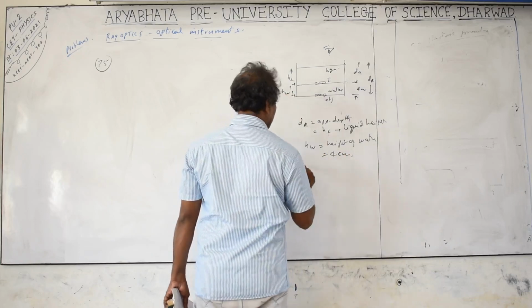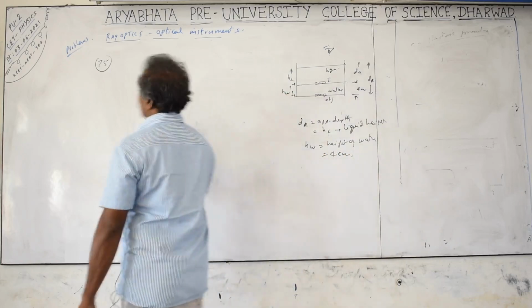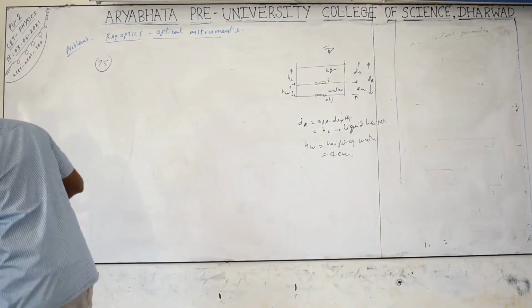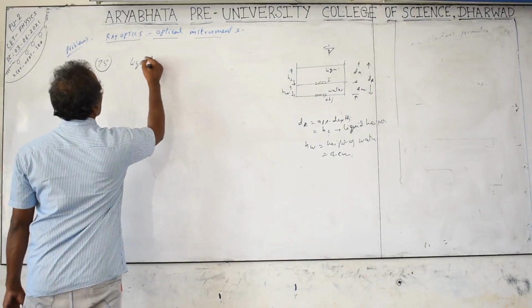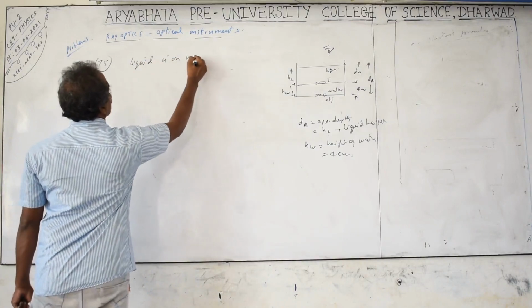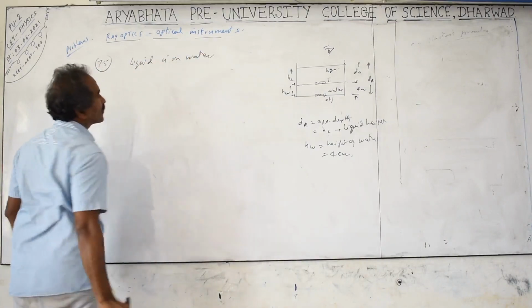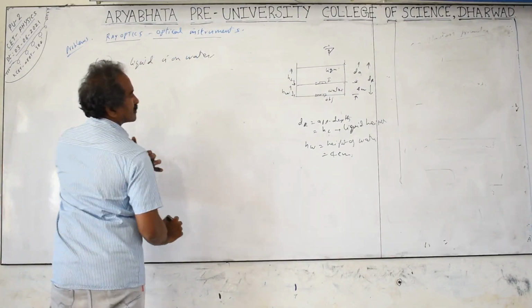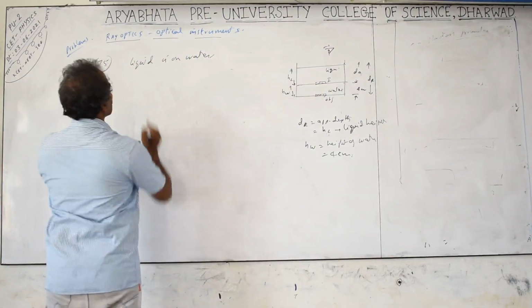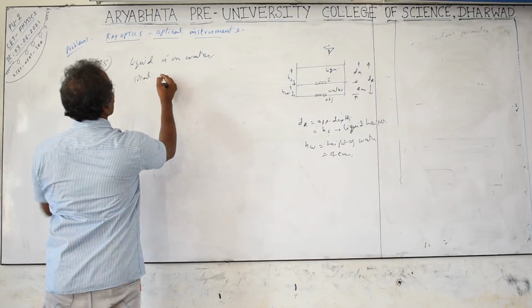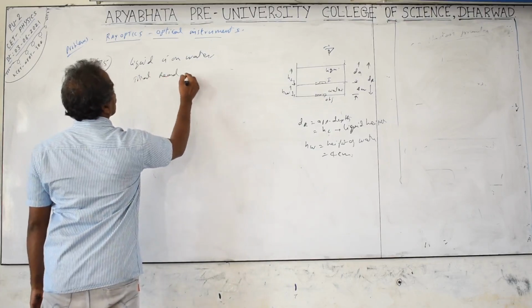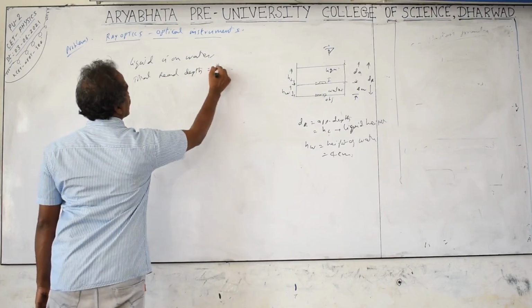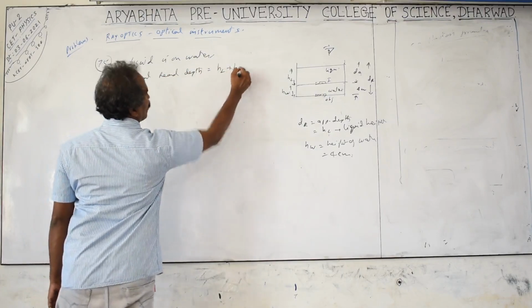Total real depth I am writing here: total real depth is equal to height of the liquid plus height of water.